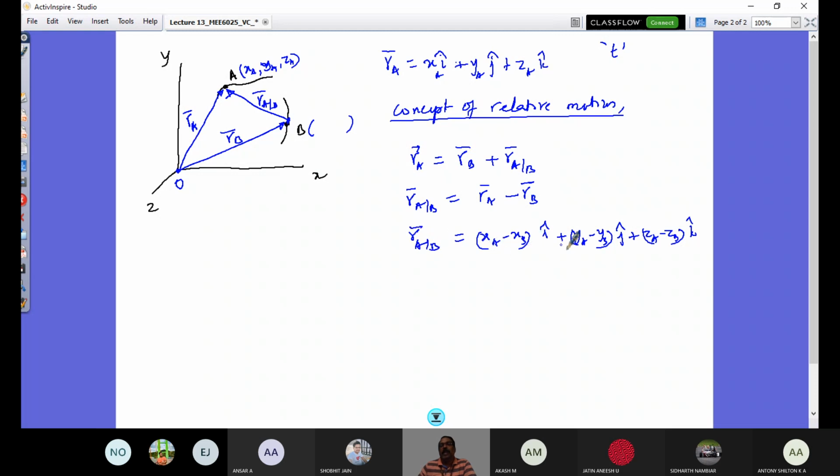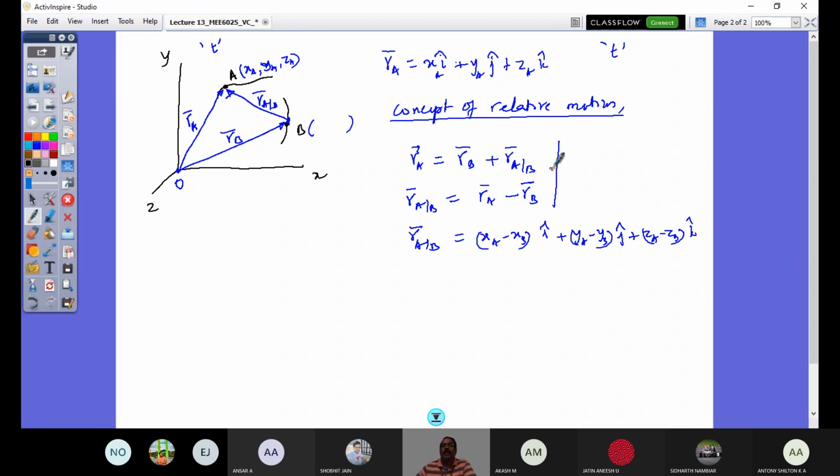Here these XA, XB coordinates are functions of time. So the representation on this picture is just at any time t. If we look at another time, then this will be changing. So these position vectors are functions of time. If I differentiate the position vector with respect to time, I'll get the velocity vector. So I can rewrite this same for velocity as well.